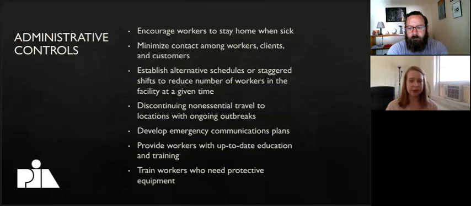It's encouraging workers to stay home when sick, establishing alternate schedules or staggered shifts to reduce the number of workers in the facility at a given time, having an emergency communication plan if you don't have that already, and making sure all workers who need protective equipment are trained. So if workers can't always adhere to social distancing, make sure that they know what personal protective equipment they should be using.